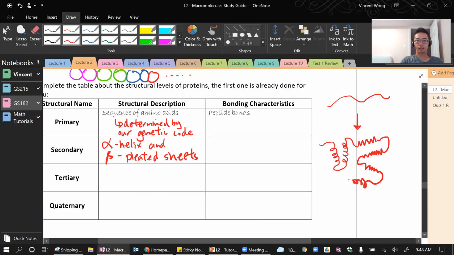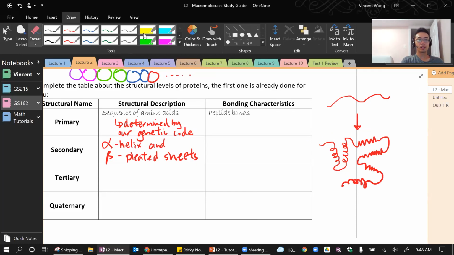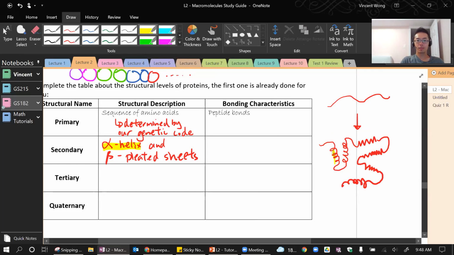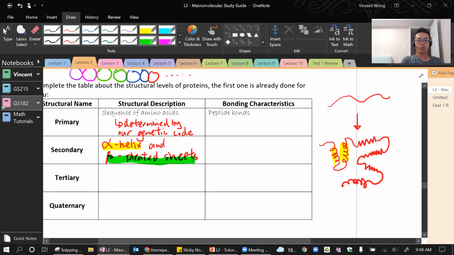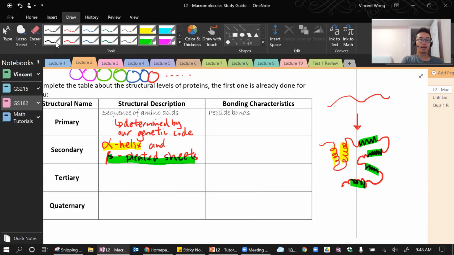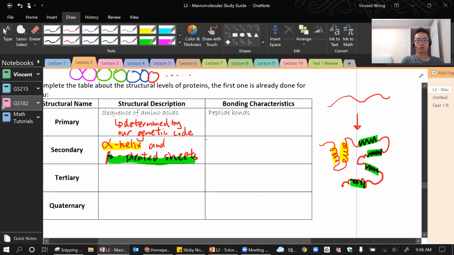Okay. So here, alpha helix would be like these parts, and the beta pleated sheets will be like these parts. Okay. And what's holding these sheets together is actually a hydrogen bond. And we talked about hydrogen bonds earlier with the water molecule, right?